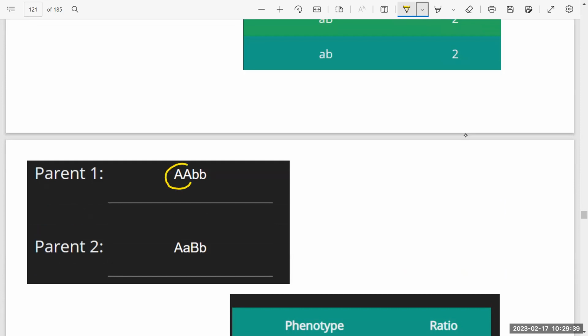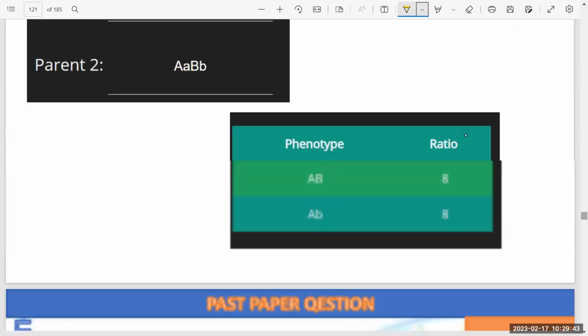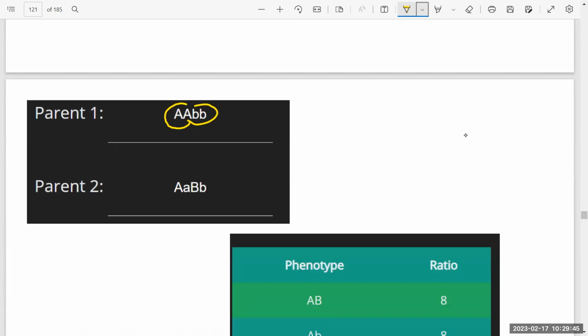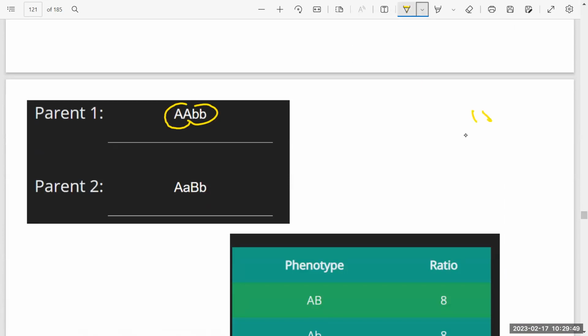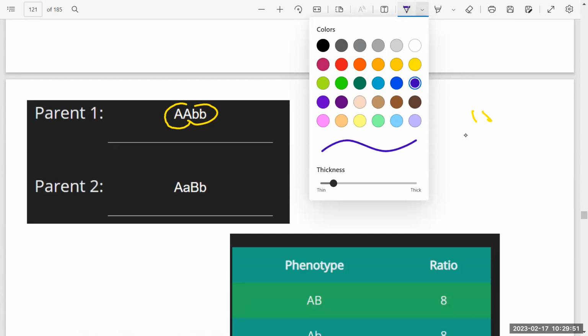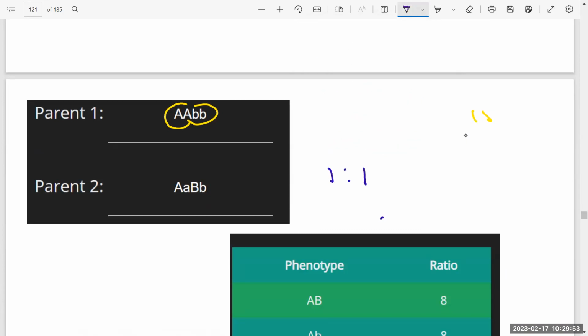If we take homozygous dominant and homozygous recessive, the third combination's ratio is 1:1. So we have the 9:3:3:1 ratio, the 12:4 ratio, the 3:1:1:3 ratio, and the 1:1 ratio. 1, 2, 3, 4.